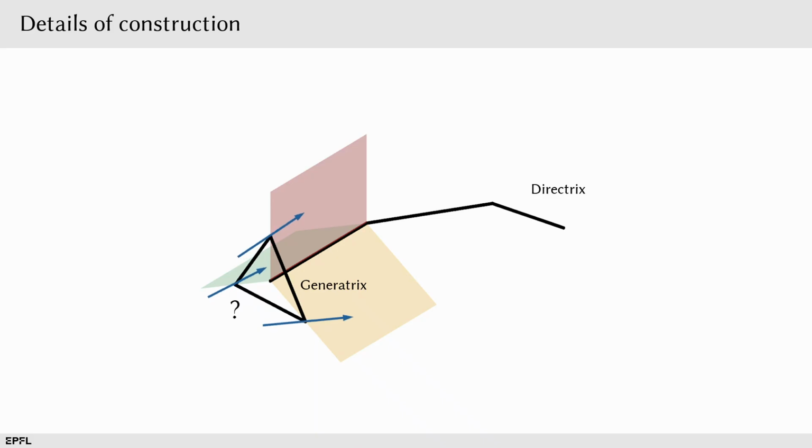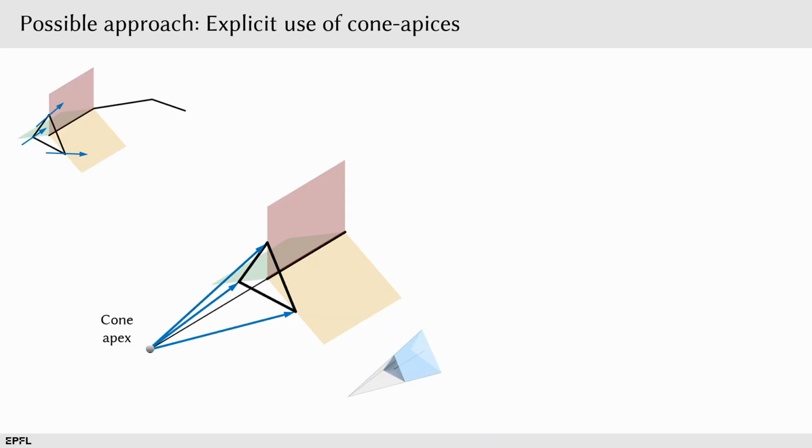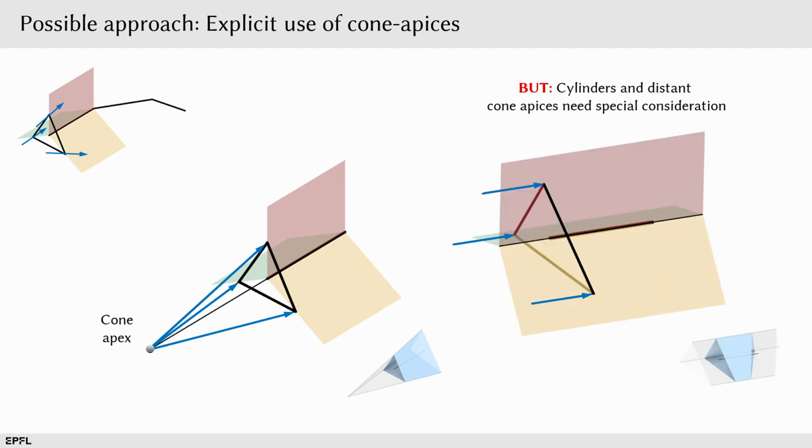And to proceed with the construction, we need to determine these edges that correspond to those cones, and we want to have influence over these edge directions. So how do we do that? This straightforward approach of using the cone apices to evaluate these edges requires special treatment of cone apices that are far away and cylinders. So what shall we do?